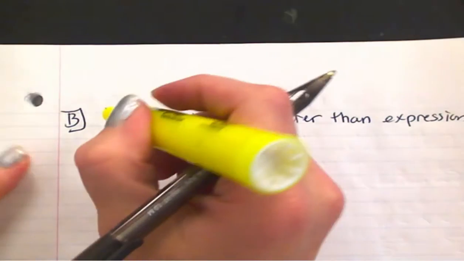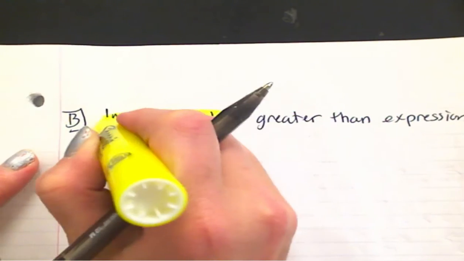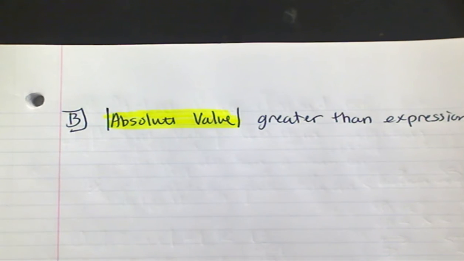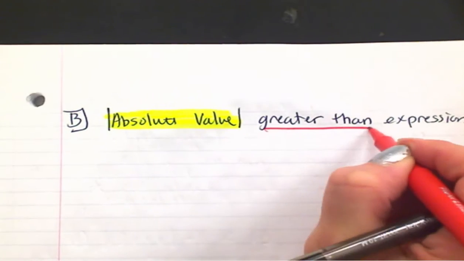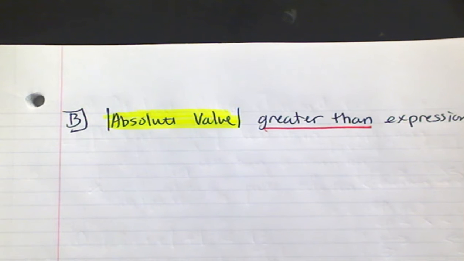Okay, so the absolute value still has to be isolated, but this time we're looking at distances that are bigger than a number.